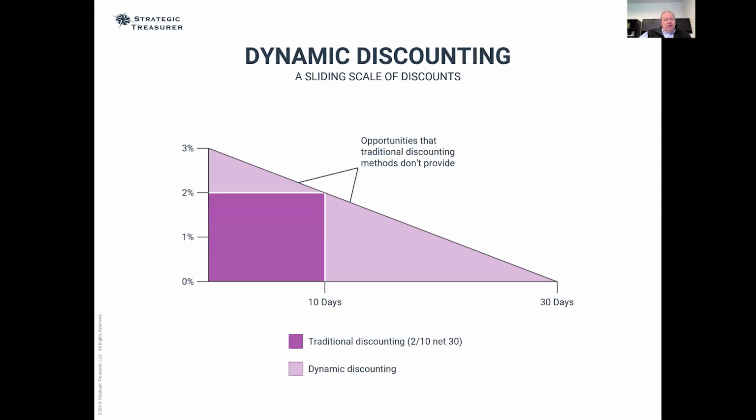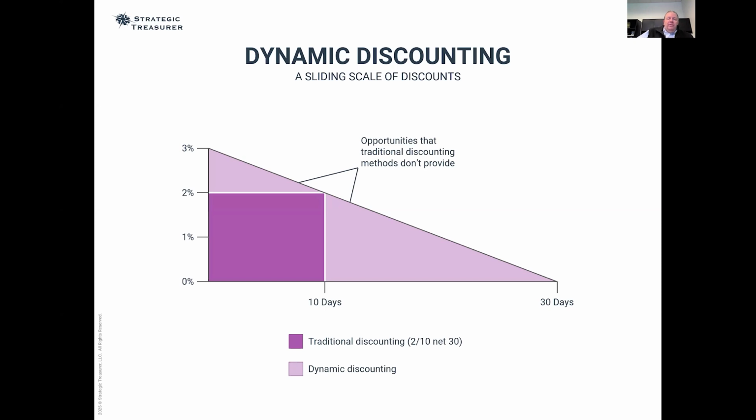And maybe I can't get an invoice approved in 10 days. Maybe as it runs through my process, it takes me 15 days. I would like to pay early, but I'm not going to pay 15 days early and get no value for it. So, the 2%, 10, net 30, those are the two options. So there's a lot of payoffs at 10 days, and then at 30 or slightly more. What dynamic discounting says is we have automation tools that will allow us to calculate those differences very quickly.